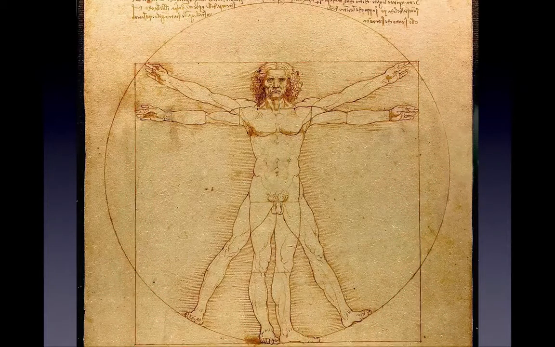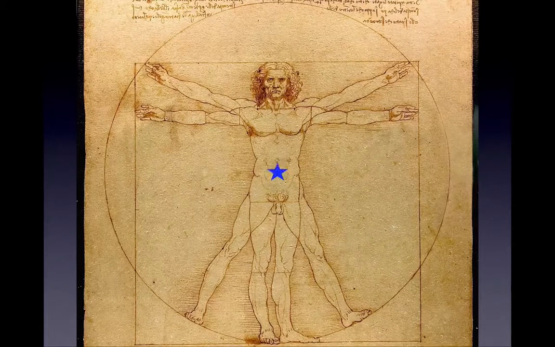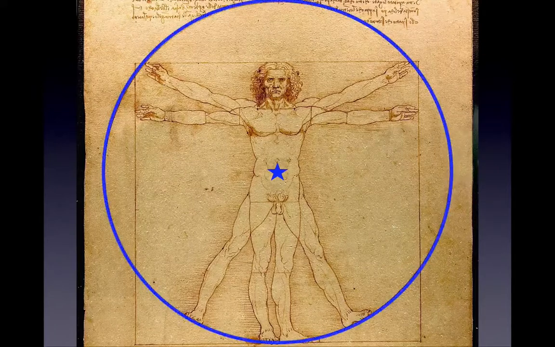And if you took the belly button, the umbilicus, as the center, and you kind of did like a jumping jack there, you could create a perfect circle. So those were like kind of the perfect proportions of a man. And I put that there because I think it's a cool drawing, and I'm not sure if you knew what it meant. Hopefully you've seen it before.